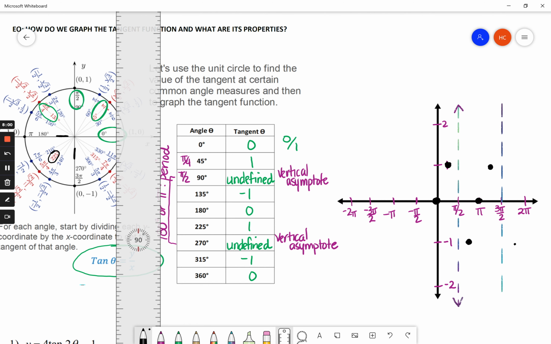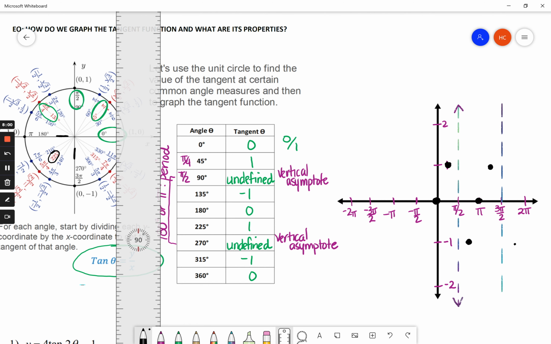So here are my vertical asymptotes. And I want you to notice these dots, how they will be drawn as far as the tangent graphs. You start with this middle dot right here at pi, and you connect it all the way up, and the arrow goes up, and it goes all the way down.